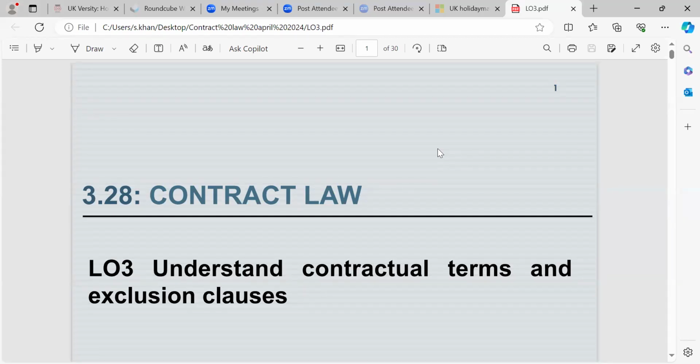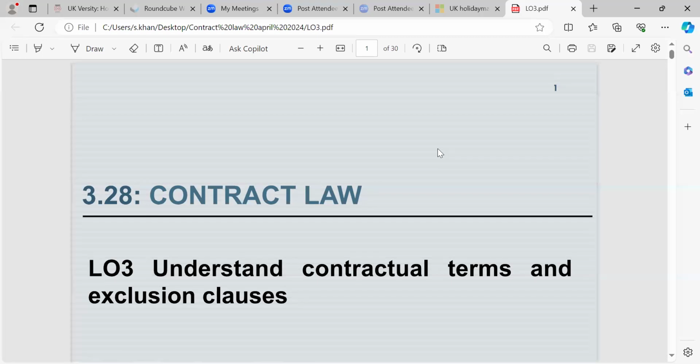We looked at 2.1, which was to distinguish between an offer and invitation to treat. We then went on to look at what an offer is. It's a statement of terms with which the offerer is prepared to become bound in a contract. We looked at the termination of an offer.